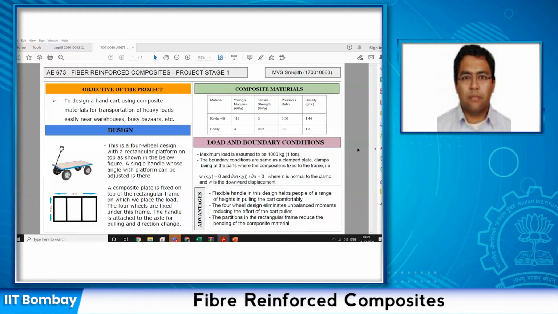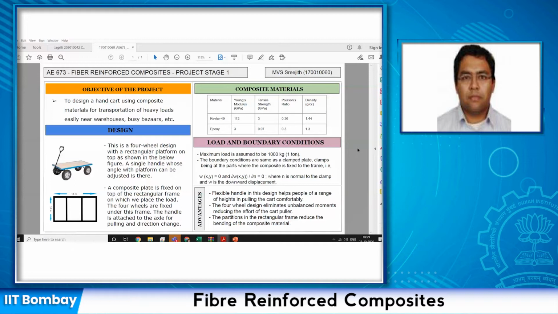Now, such a thing has to be cost sensitive, but obviously cost is a relative thing. If you can show value, people might pay money. So if you think you can use Kevlar, then you have to show the value in terms of why Kevlar, because if there is something else that can give you the same performance, you have to think on those lines also.